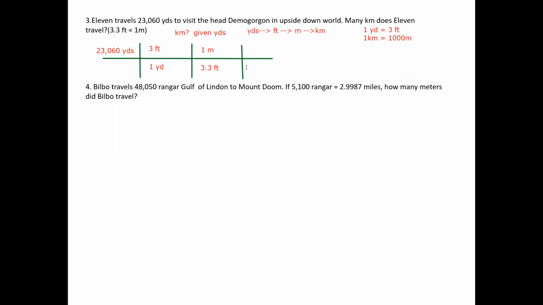So in our conversion, meter will go on the bottom and kilometer on top. And so we'll notice here that everything cancels except the unit that we want. So we multiply what's on top, divide by what's on the bottom.